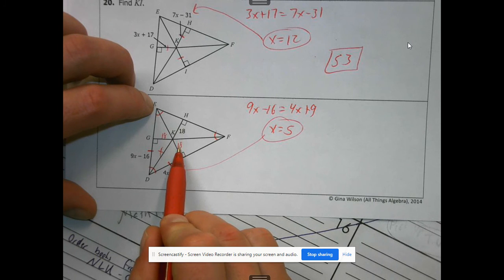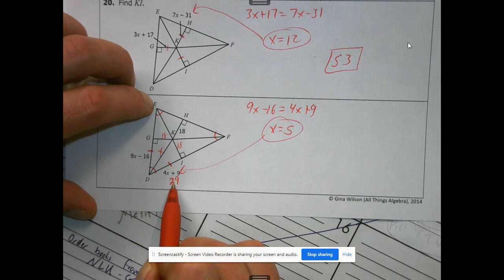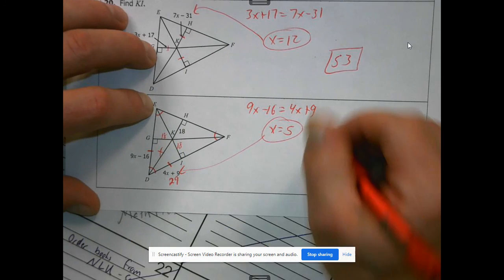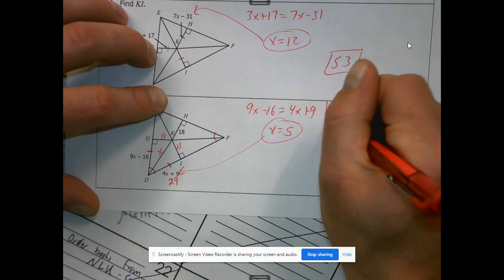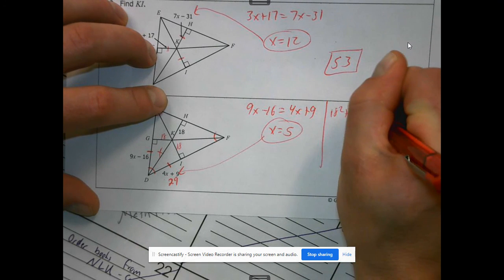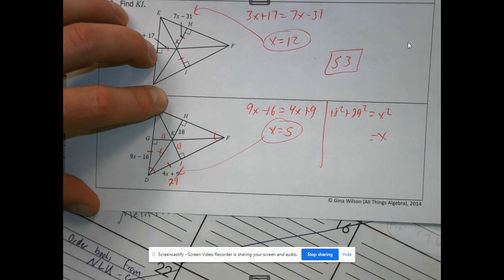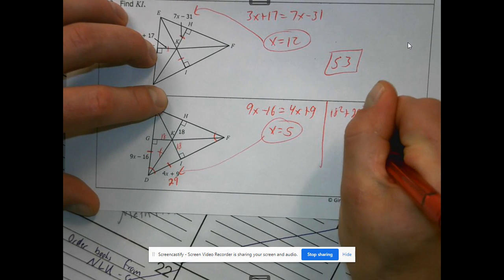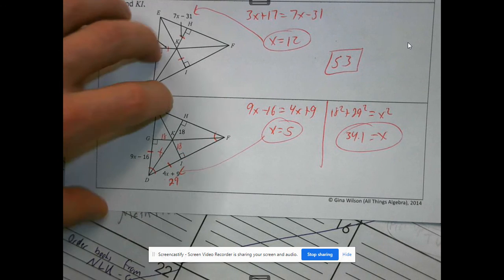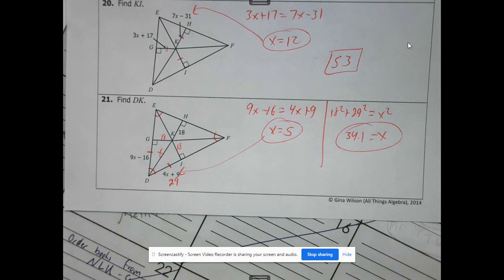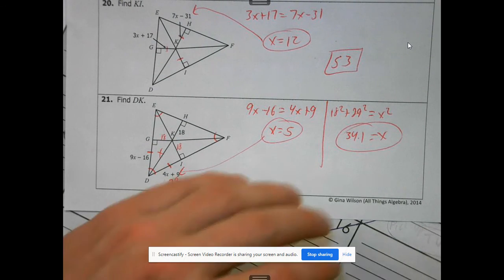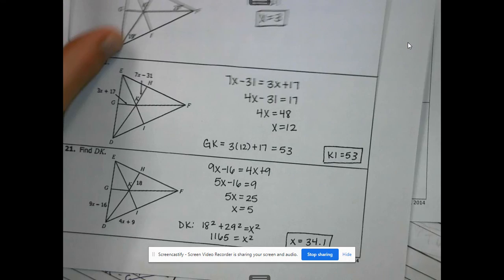A squared plus B squared equals C squared. So 18 squared plus 29 squared equals X squared. Solve it out. 34.1. All right, that is it for incenter and your circumcenters.